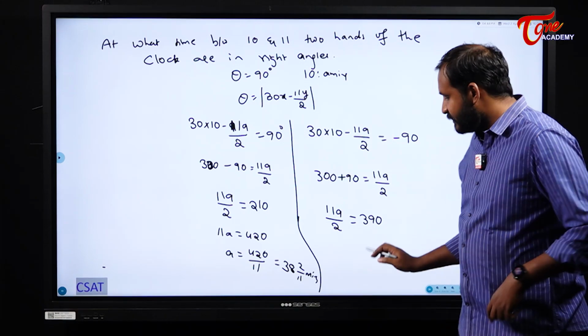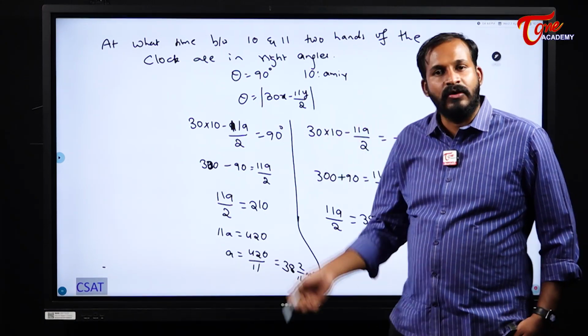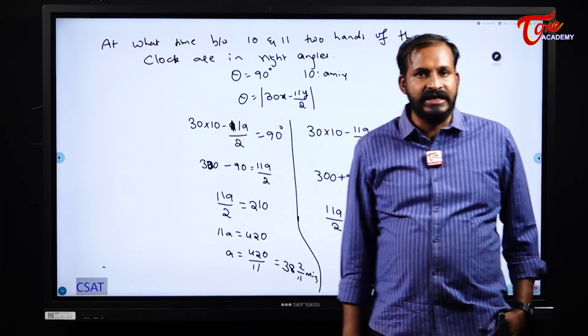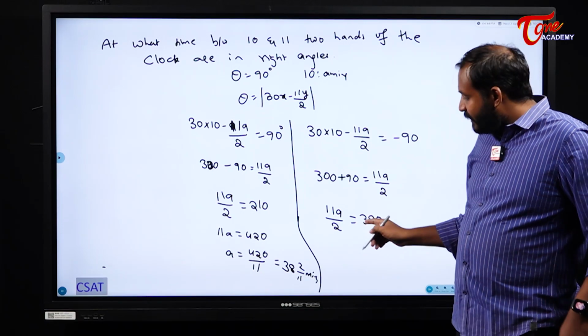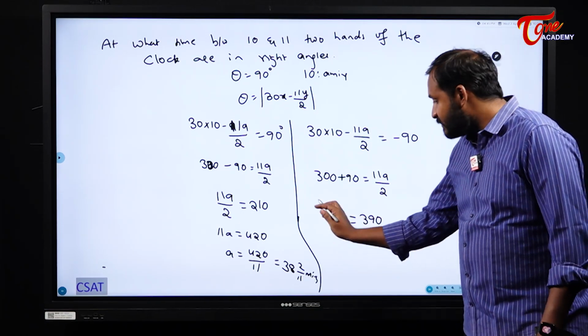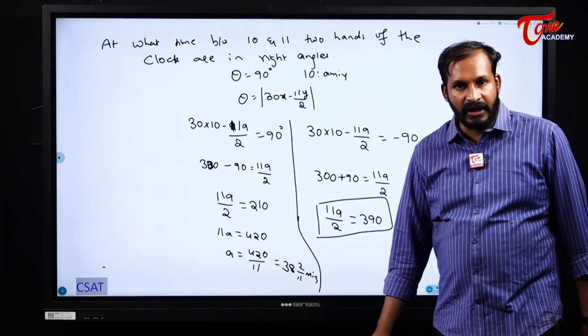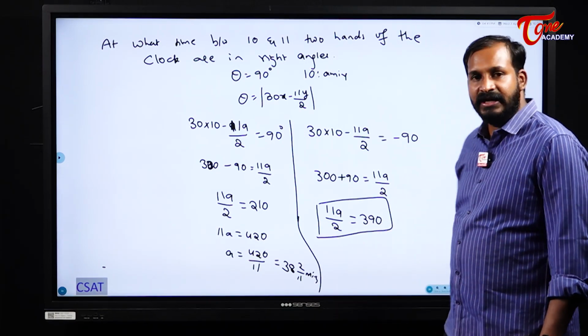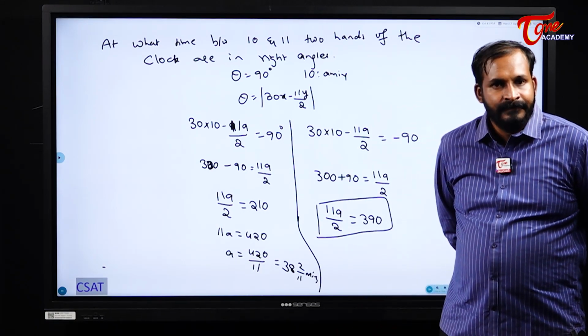Now please observe this one, students. Here I have 390 degrees. Usually a clock contains how many degrees? 360 degrees, right? The maximum complete angle is 360. But here I have 390 degrees, so please be careful. At this point, 11a by 2 is 390 degrees. Can I also say that 390 degrees is 30 degrees?